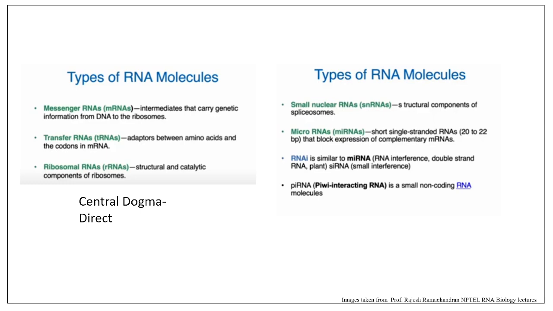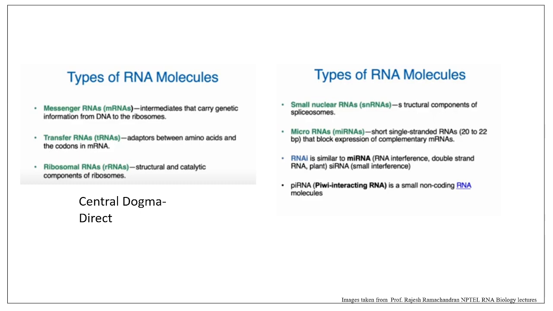So when we talk about transcription, majorly or by default we are talking about mRNA transcription, but this central dogma not only covers mRNA transcription, it also covers tRNA and ribosomal RNA transcription. But essentially, when we talk about transcription, we by default talk about mRNA transcription. Why?